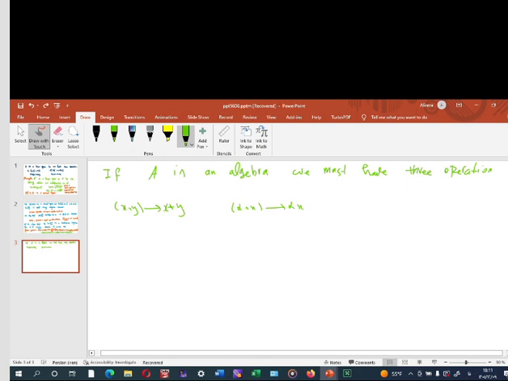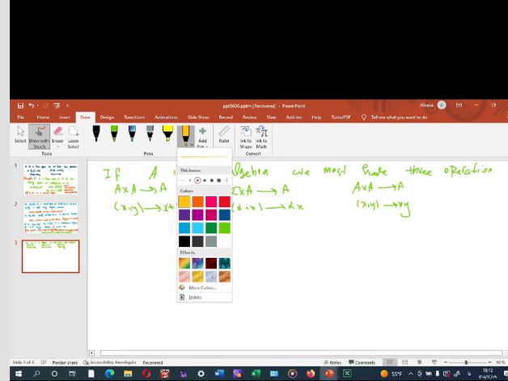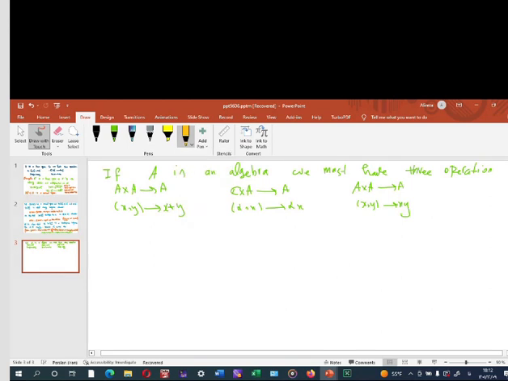Let me write something for you. This is from A times A to A, this is from C times A to A, and this is from A times A to A again, that maps x and y to xy. We need this operation too. So if we consider an algebra, we have these three operations.